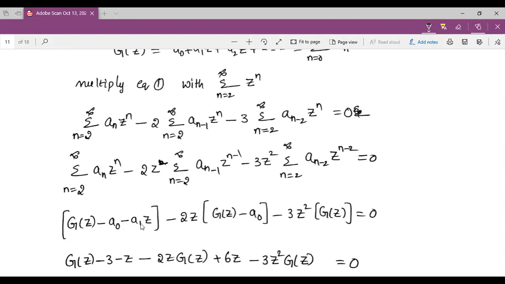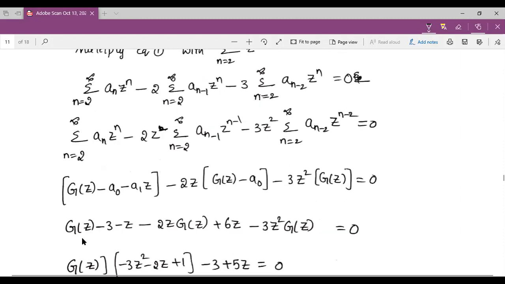Substitute the a0 and a1 values given in the initial conditions. We get g of z minus 3 minus z minus 2z g of z plus 6z, so a0 value 3, minus 3z squared g of z is equal to 0.